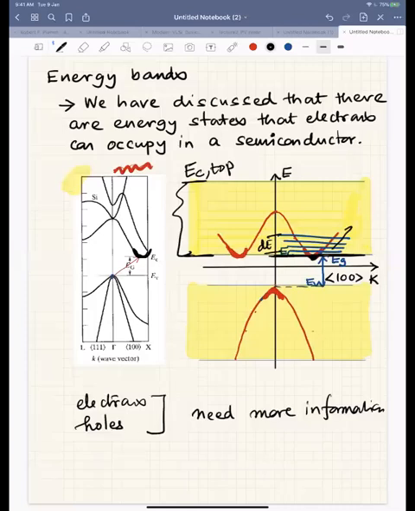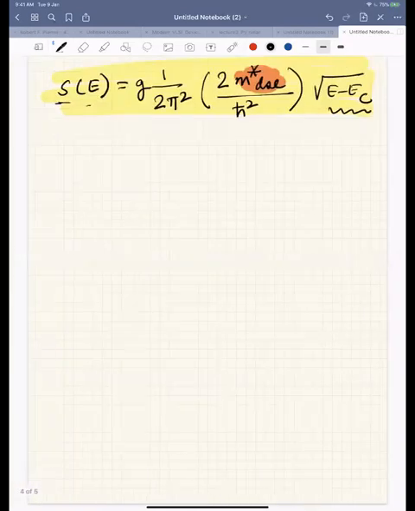We have 6 such 100 faces in the silicon unit cell. If you imagine it from a 3D point of view, there are 6 such valleys. So we have to multiply by a factor g, which is 6 here.